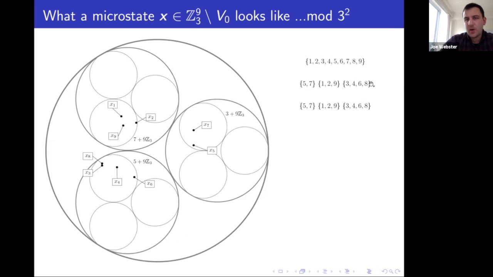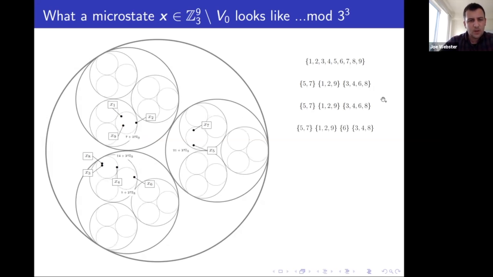So notice that if I mod out by 9, just by way of how I picked these, you cannot see any more distinction yet. So it just so happened that 5 and 7 stayed together, 1, 2, and 9 stayed together, and then the last 4 happened to still be together. So I didn't really learn anything new, except I am going to keep track of the fact that they were all still together with the same repeated partition here.